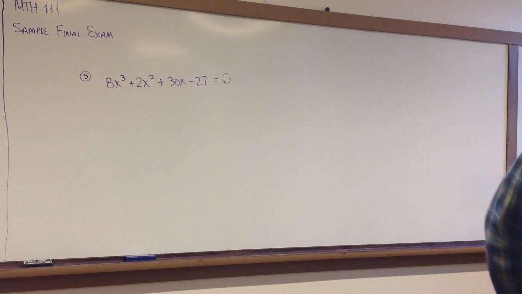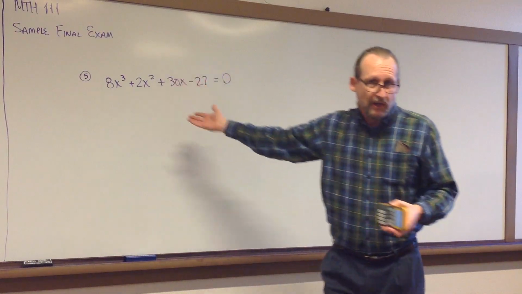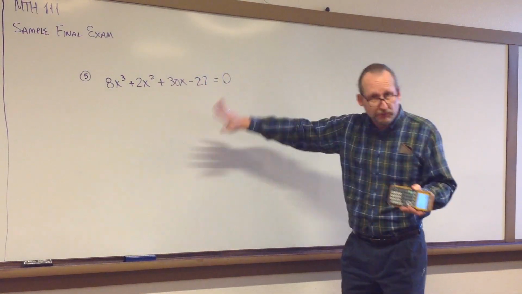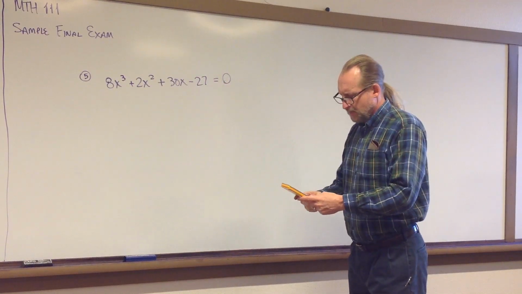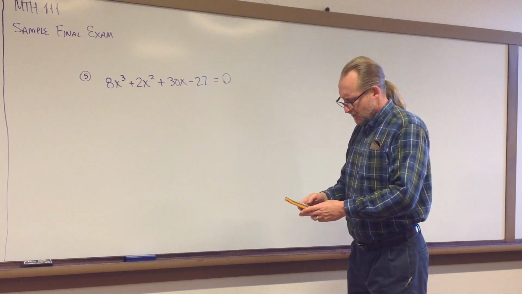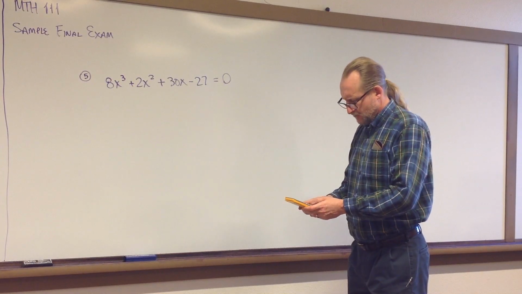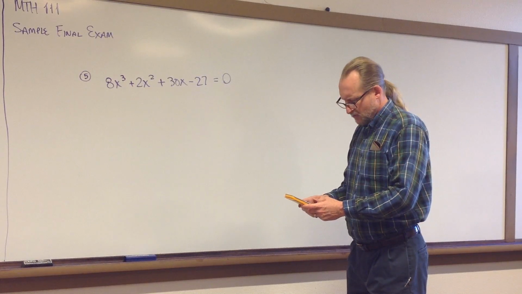Okay, so let's go ahead and graph this. And this is one of the ones where we want to graph it, find the root, do the synthetic division, factor the polynomial, and find the complex roots. So, first thing we're going to do here is to graph this. Plus 30x minus 27.